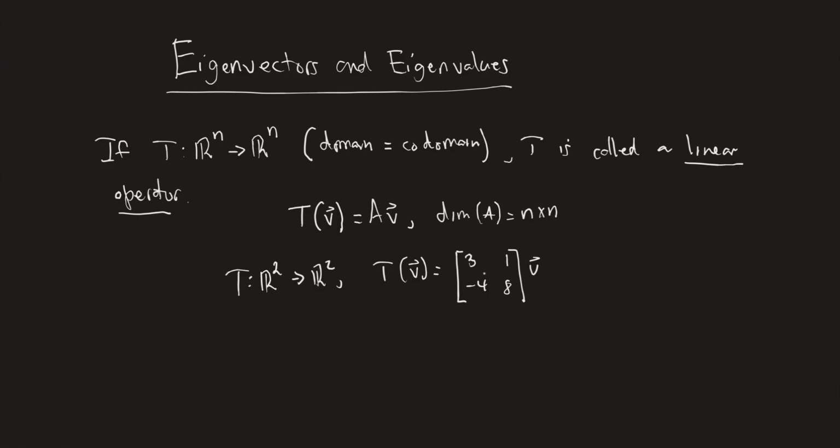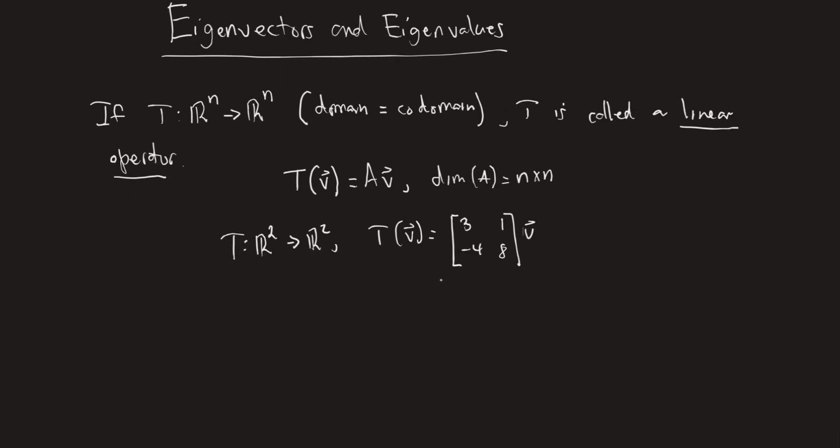I'm going to pick a couple of vectors, apply this linear operator, and see what happens. Let's say v1 is the vector 1, 1. We could sketch these if we want, but I'm not going to focus too much on the geometry right now because I'm just trying to introduce these concepts.